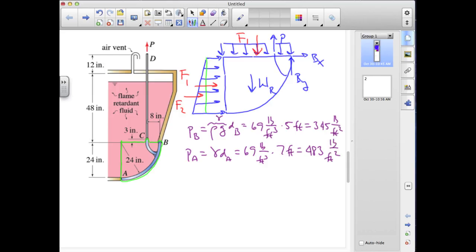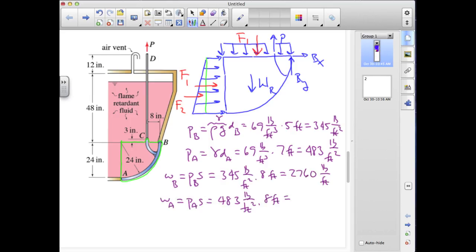The line load at B is the pressure at B times the span, S, which is 8 feet, and that value is 2760 pounds per foot. And the line load at A is similarly 3864 pounds per foot.